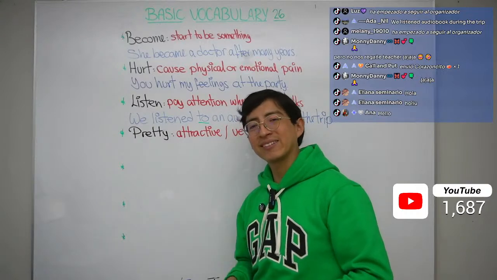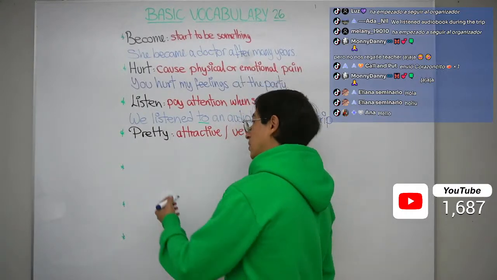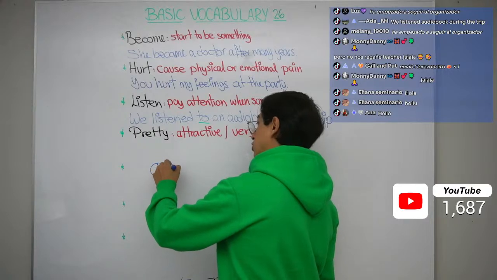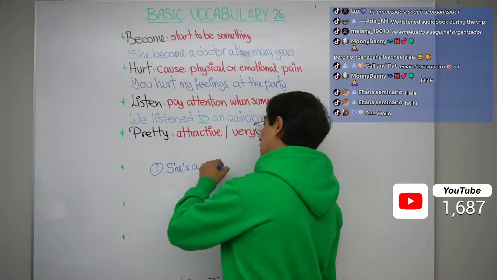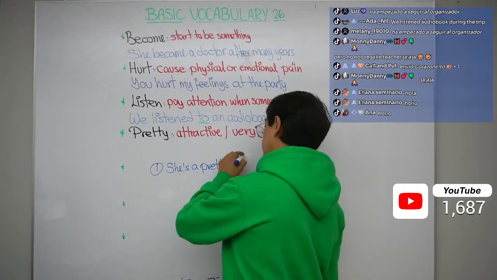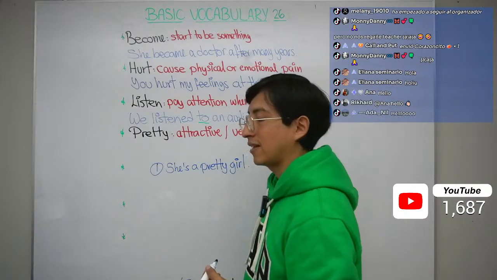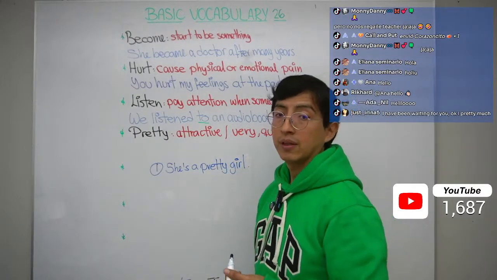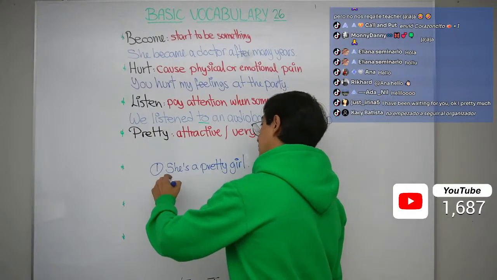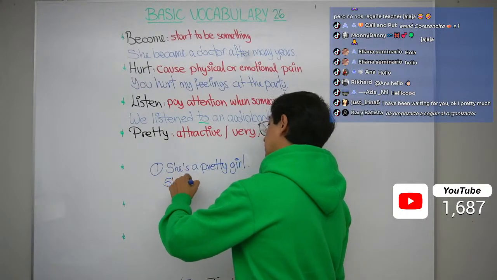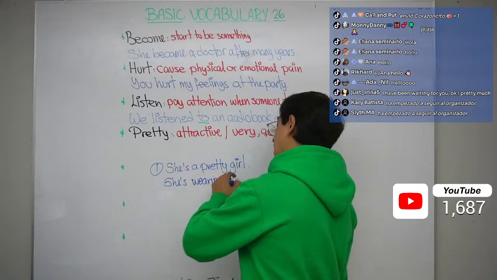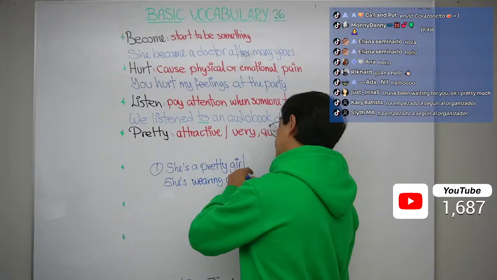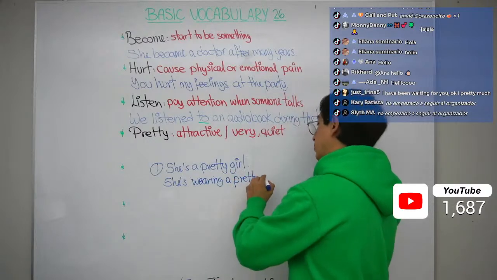Hello to everyone. Great to have you here. Now, let's start with number one. You can say, for example, she's a pretty girl. That's the first example. Or maybe you can say, she's wearing a pretty dress.